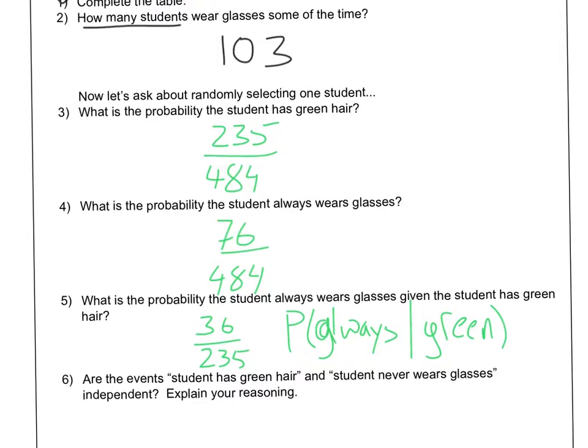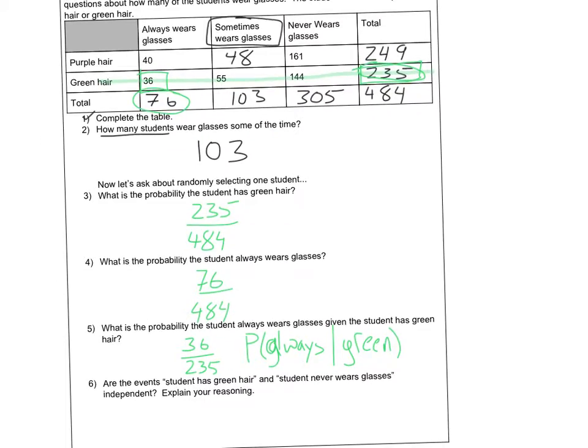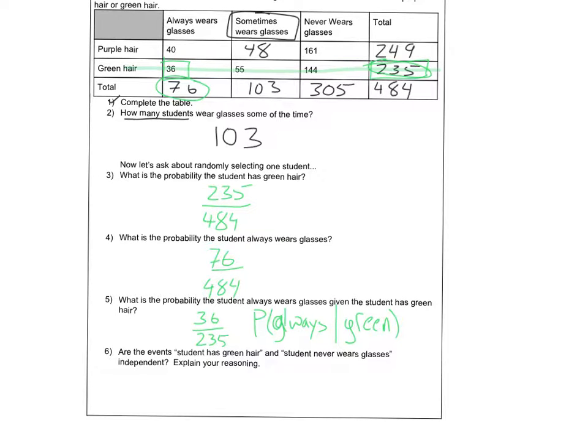Cool. The last part of this is question 6, which is about this independent thing. And here we got to really think about, does the probability of a student having green hair change if they wear glasses or not? And that's something that we always have to be a little bit careful of.